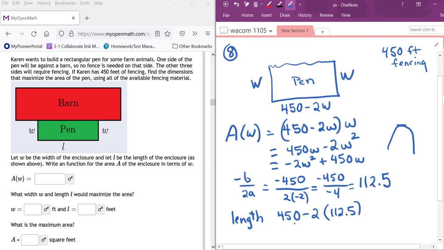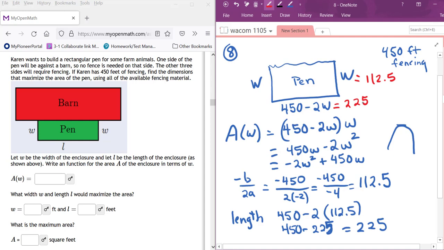This gives us 225. So 450 minus 225 gives us 225. So our width, we'll make these red, is 112.5. Our length, which will maximize the area, is 225.